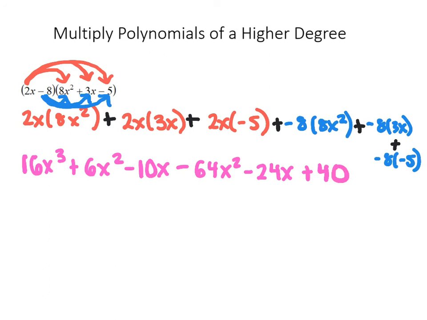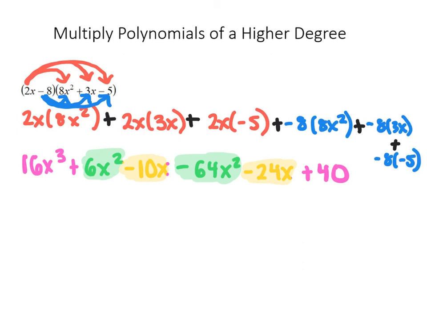Now the last step is to combine like terms. So we can combine the 6x squared and the negative 64x squared, as well as the negative 10x with the negative 24x.